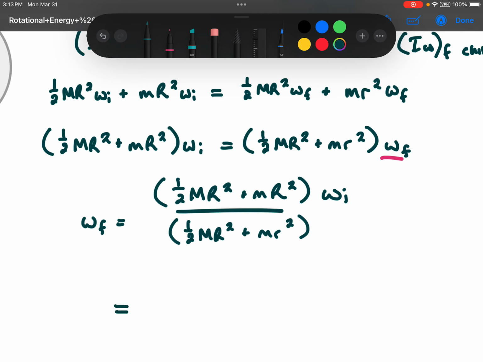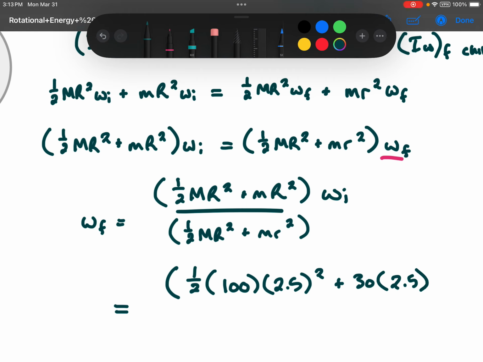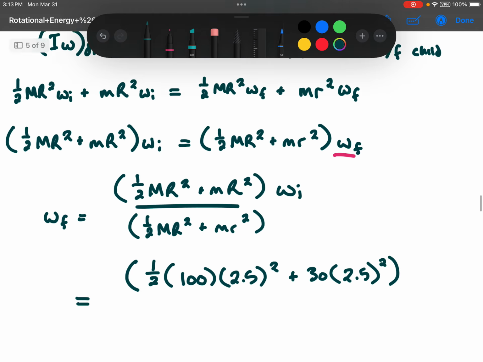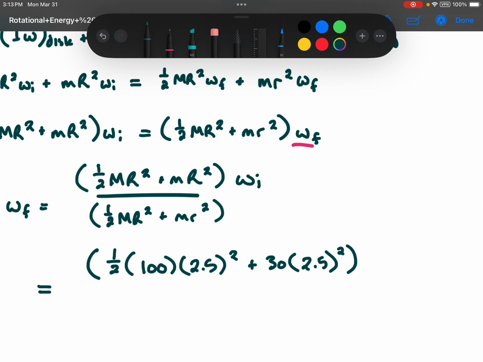Now putting in the numbers: 1/2, the mass of the merry-go-round is 100, and the radius was 2.5 squared, plus the mass of the child, 30, and the initial place the child was at was also 2.5. Make sure we square that as well. The initial angular velocity is 1 radian per second, so omega I is just 1.